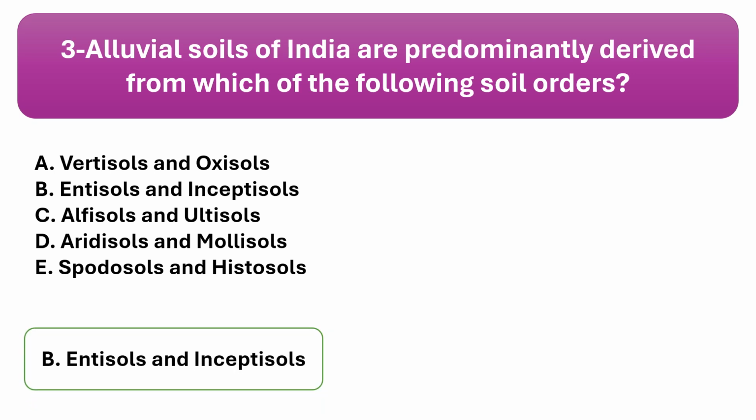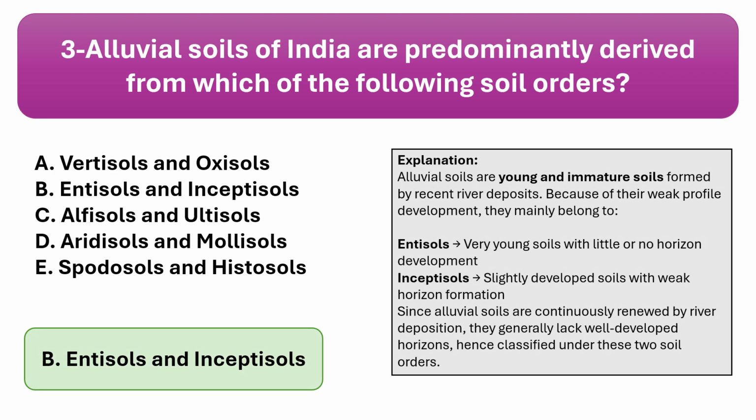The correct answer is option B, entisols and inceptisols. The alluvial soils are very young and immature soils mainly formed by river deposits, and the entisols and inceptisols are slightly developed but immature soils, hence they are derived from the entisols and inceptisols.